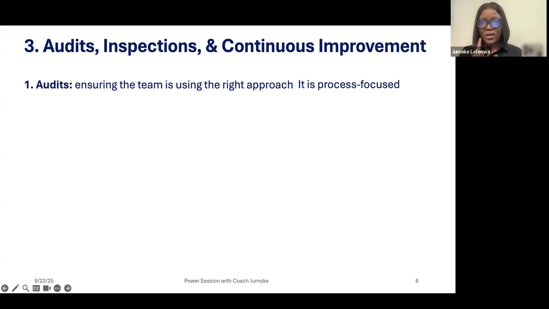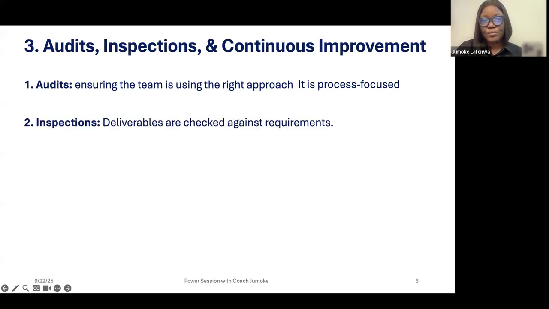Okay. So audit is process focused, that the process you set out to achieve the quality standard in your quality management plan is adhered to. Two, inspection. Inspection is focused on deliverables.